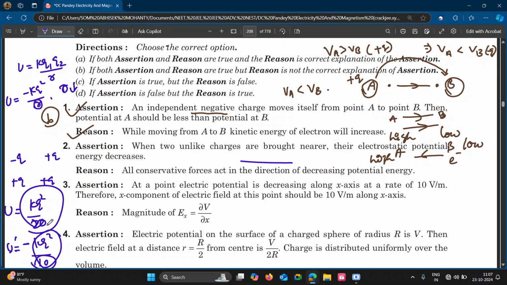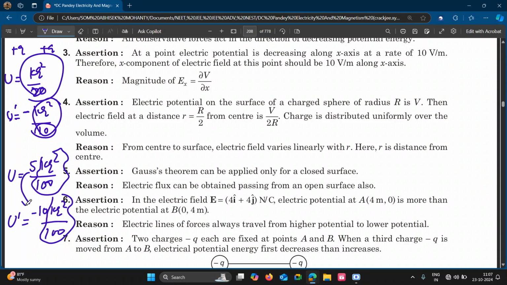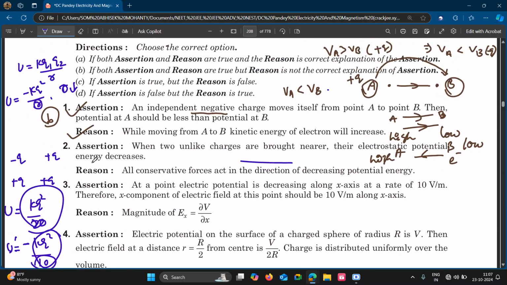Let me see, if I multiply 5 k q square by 100, and minus 10 k q square by 100, just forget about the k q square by 100. So the potential has gone from 5 to minus 10. So eventually it has decreased. Yeah. So the assertion is true.